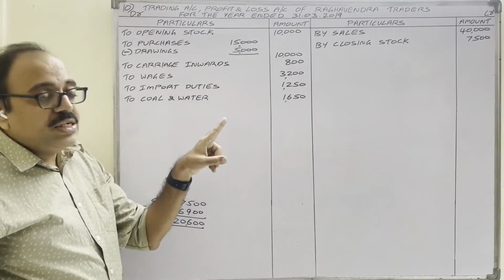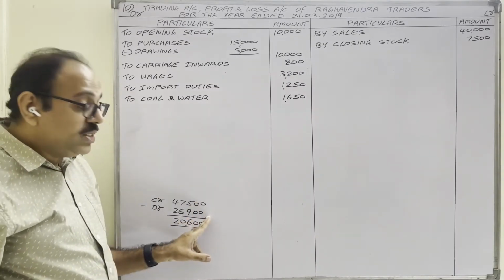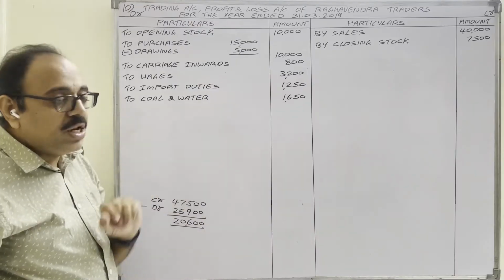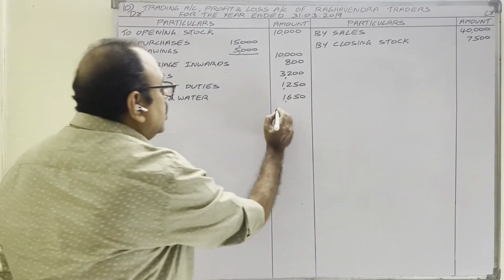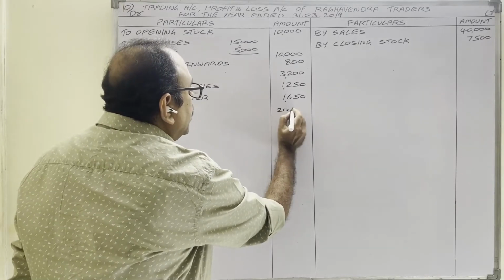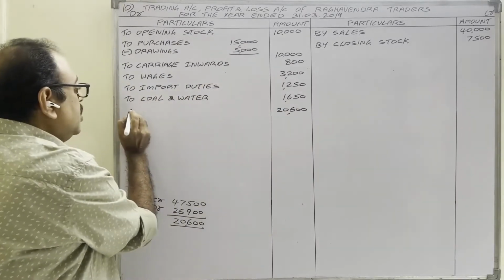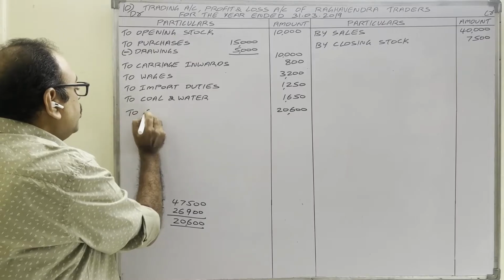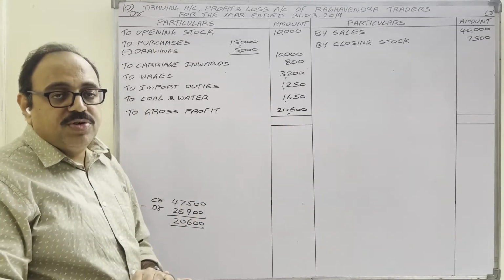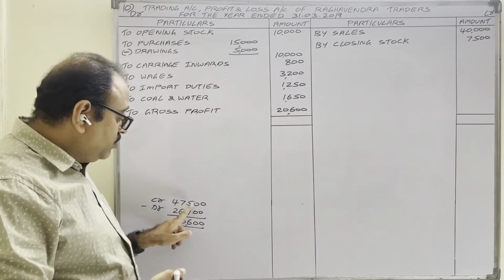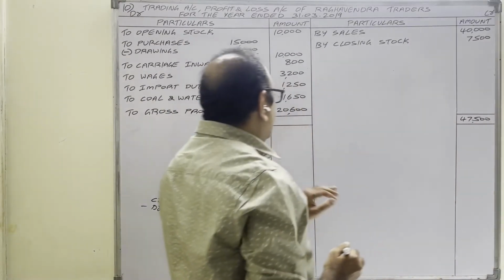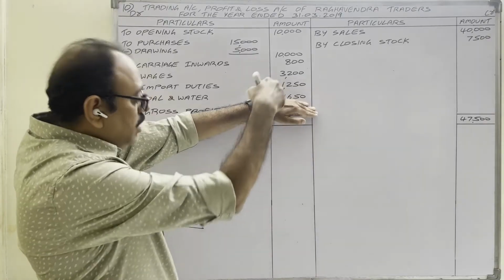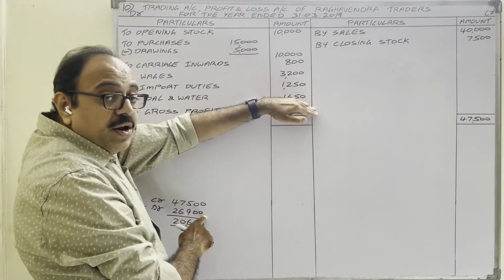We said we should write this amount on the side where the total is less. So the debit side total is less now. On the debit side, write down this gross profit amount, 20,600 rupees. For this answer, we have to write 'to gross profit'. On both sides, the highest amount we should write. Credit total is 47,500 now. On the debit side, till here, the total is 26,900.